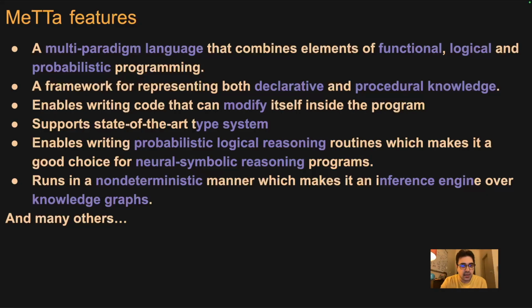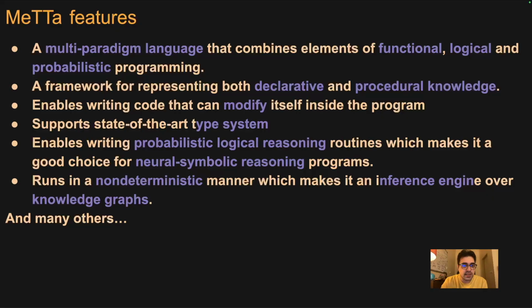For instance, it is a multi-paradigm language that combines elements of functional, logical, and probabilistic programming. It is a framework for representing both declarative and procedural knowledge. It enables you to write code that you can modify inside the program, and we will see an example of this functionality later in this video.